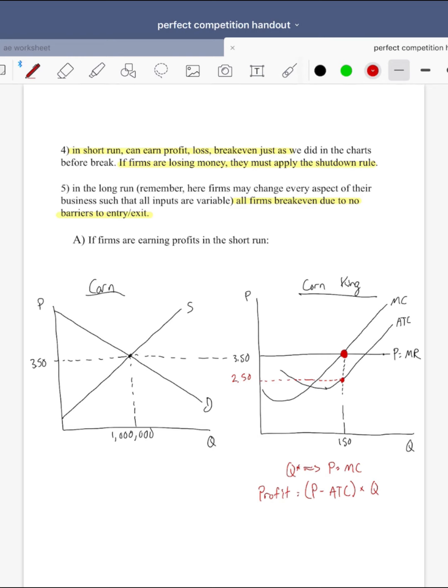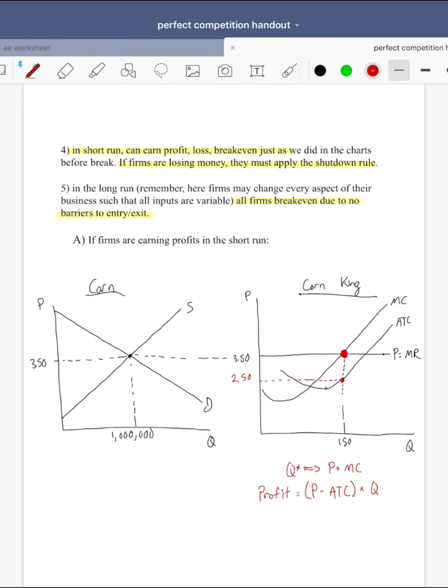Now we can also calculate the profit that I'm making by looking at this average total cost.